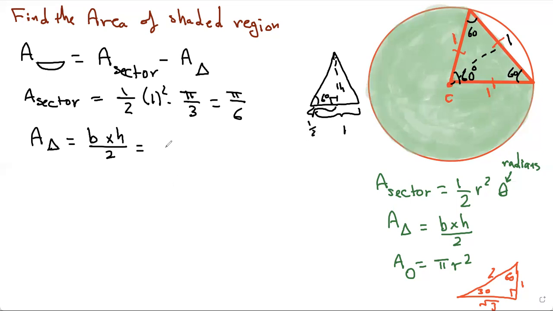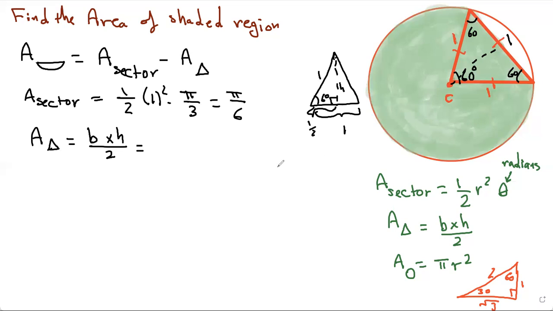And therefore, if we're finding the height, we go sine 60 and we know this is 1.